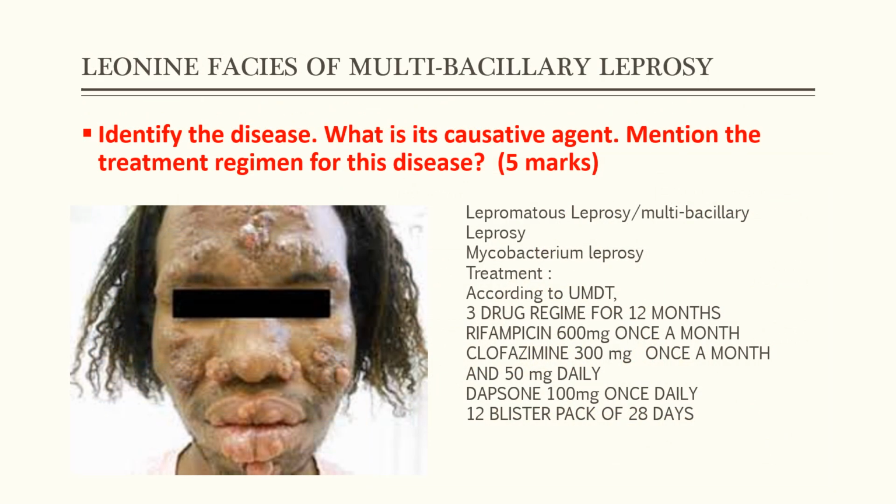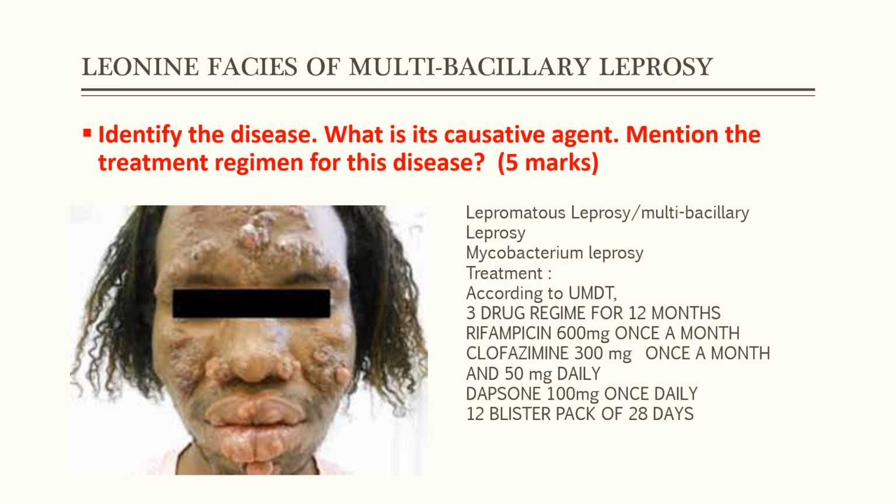This kind of a leonine faces model will be there, and you will be asked to identify the disease, what are the treatment regime and the causative agent. This is nothing but the leonine faces of lepromatous leprosy, and you will have to mention that the disease concerned is lepromatous leprosy, or rather multibacillary leprosy, and the causative agent of course is Mycobacterium leprae, and the treatment is according to the UMDT, that is the uniform multi-drug therapy, where you follow a 3-drug regime for 12 months.